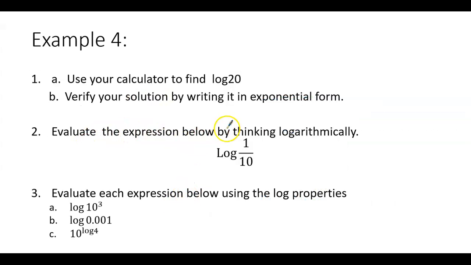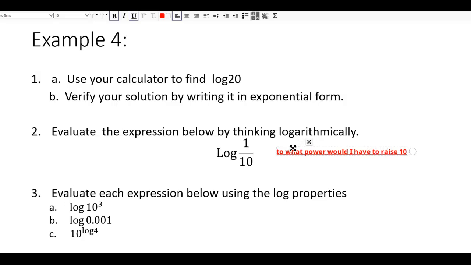All right, now let's evaluate this expression by thinking logarithmically. Okay, what do I mean by thinking logarithmically? You can write this if you want to, but you don't have to. But what I mean is, do you guys see how there's no little base here? That means it's a base 10, right? So to what power would I have to raise 10 to in order to get 1 over 10?